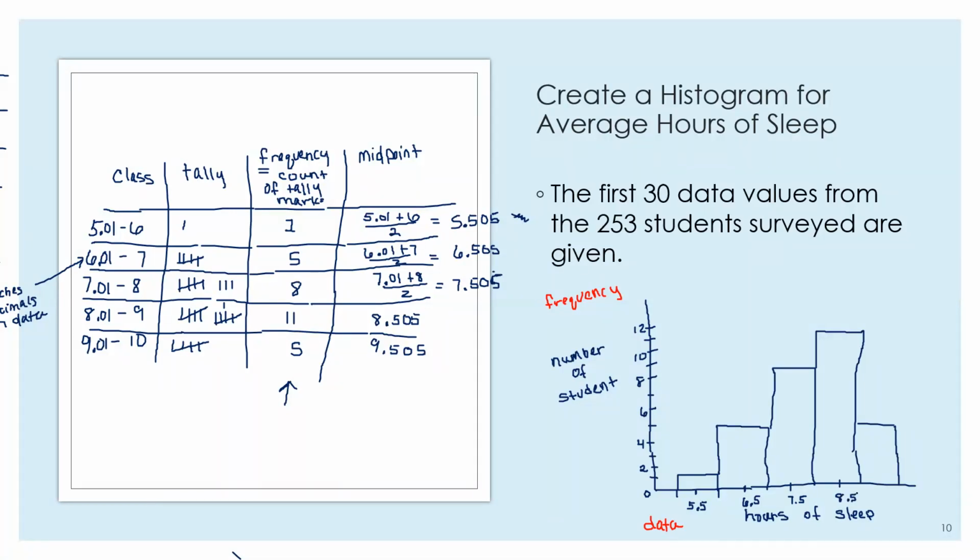So some people like the midpoints because it's just cleaner and it gives a nice clean look to the graph. And some people hate using the midpoints because it does not convey as much information. They would rather see the actual class numbers as the labels to the horizontal axis. So it is your call.